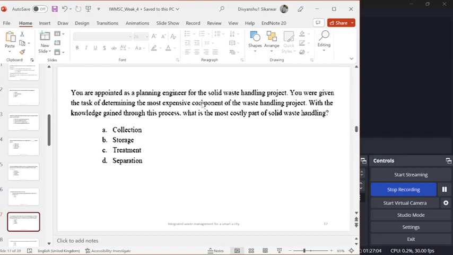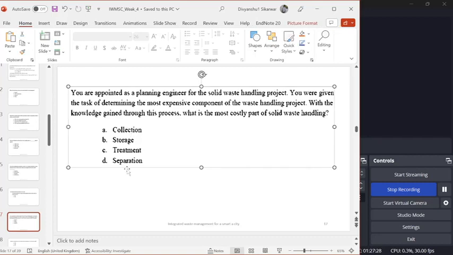Through the whole supply chain, from collection to treatment and disposal, which component of solid waste management is most cost intensive? It's the collection system. Transportation is costly, but I think that will be a part of collection only. The collection system is the most costly part.